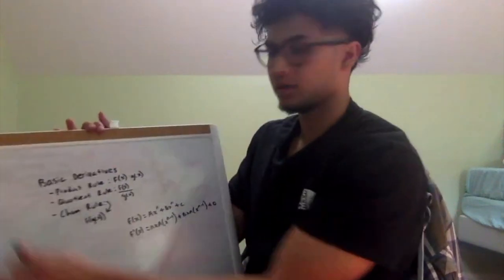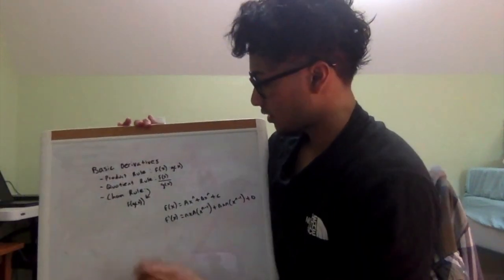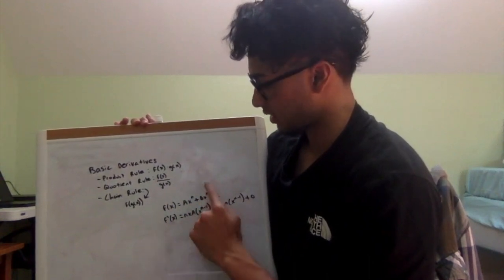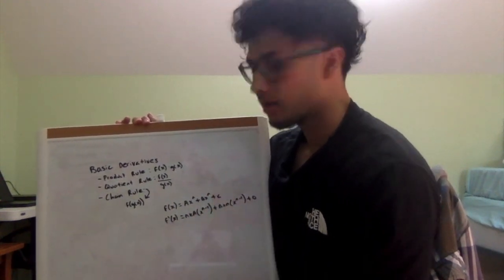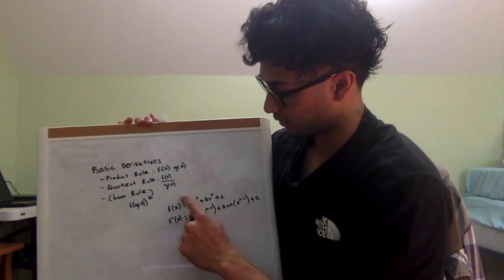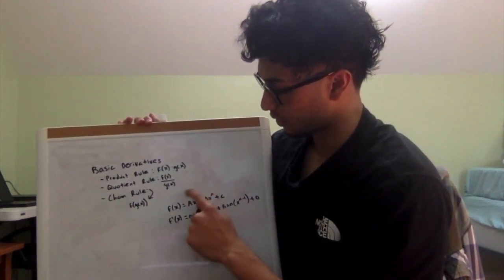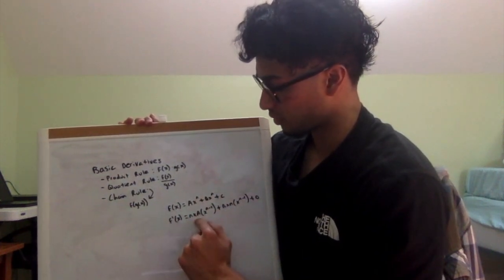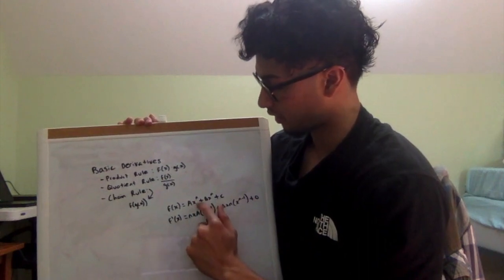Okay, so say you have the equation f of x equals ax to the n exponent plus bx to the n exponent plus c. Your derivative would be simple. You would bring whatever the power of the exponent is to the front, and multiply it by the constant in front of the variable.